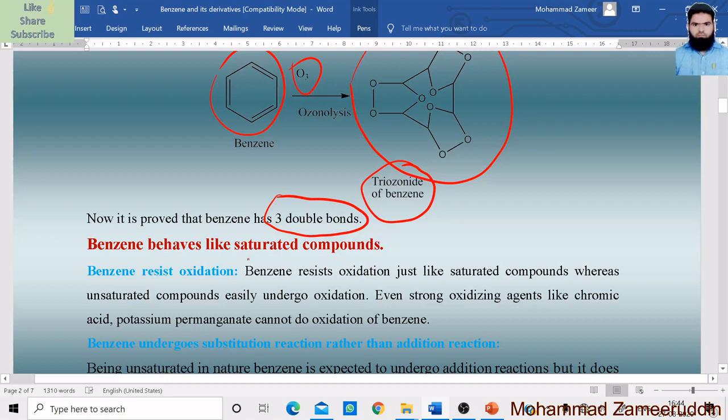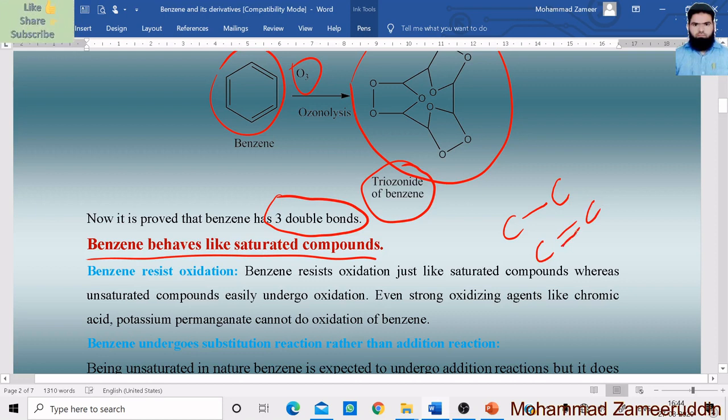Now, benzene behaves like a saturated compound. What do we mean by a saturated compound and what do we mean by an unsaturated compound? Simply, a saturated compound means a single bond compound: C single bond C is saturated, whereas C double bond C is an unsaturated compound.